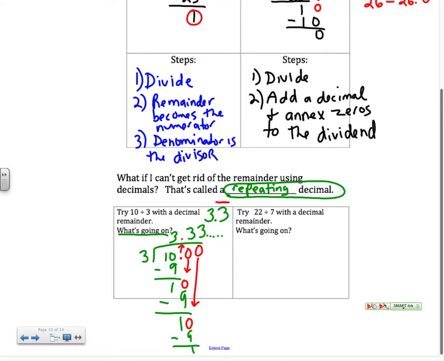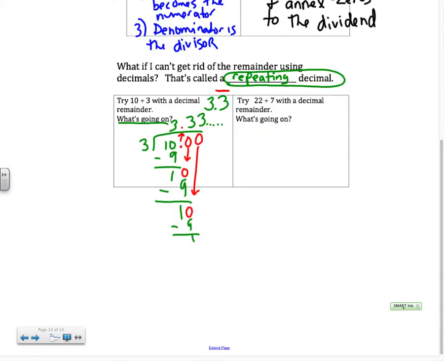Okay, let's take a look at another one where it repeats. And this is going to repeat a little bit differently, so pay attention to this one. 22 divided by 7. And since I already know that it's going to repeat, I'm going to go ahead and right away add my decimal. I'm going to add a few zeros because I have a feeling this one's going to go on for a while.